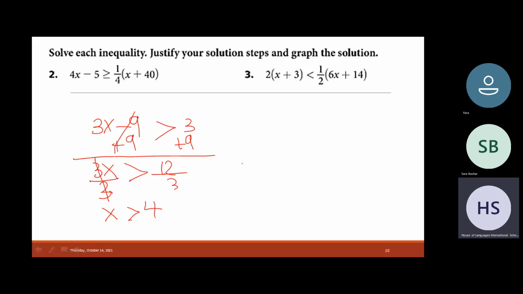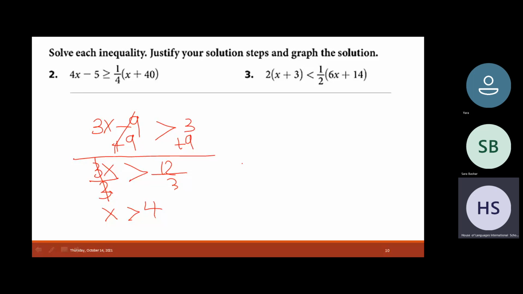For the equation, if you solve the equation, you say x equals 4, and x is exactly 4. X cannot be another number. But here, x greater than 4 means x will be all the numbers greater than 4, but not 4.